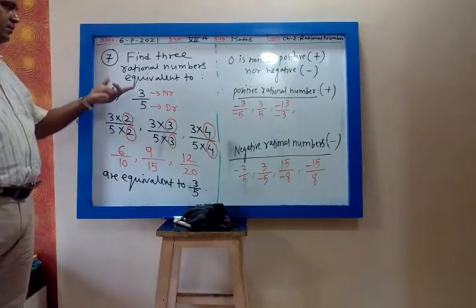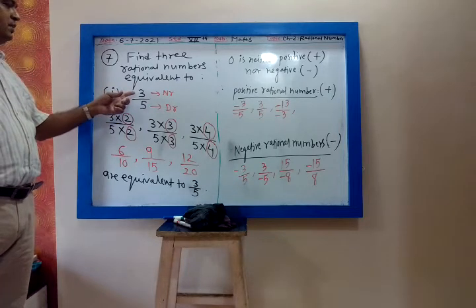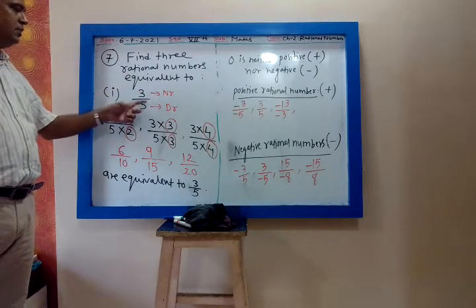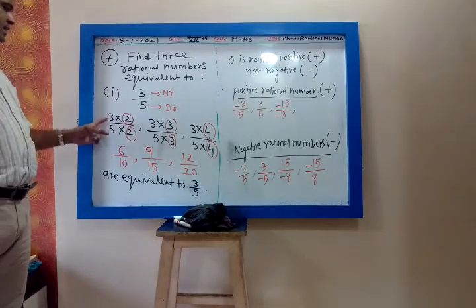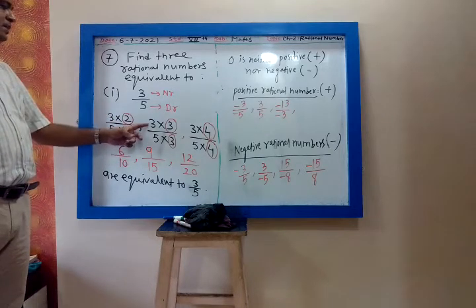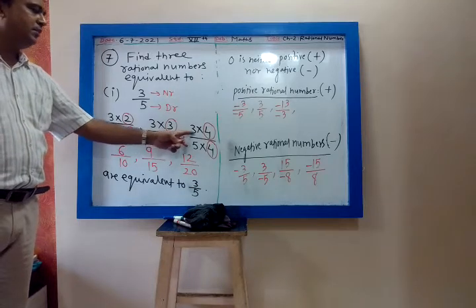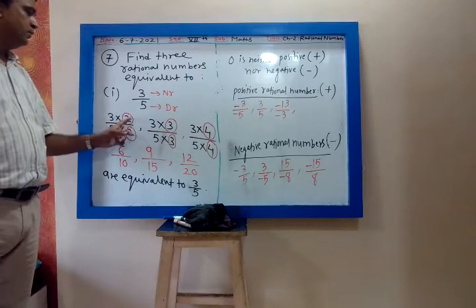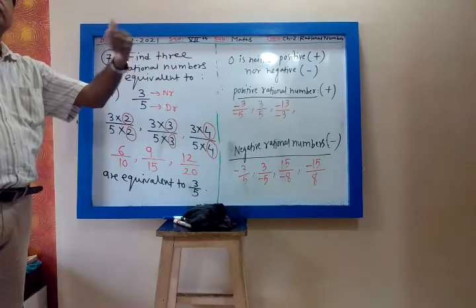To get three different rational numbers equivalent to the given rational number, we multiply the numerator and denominator by three different numbers: 2, 3 and 4.